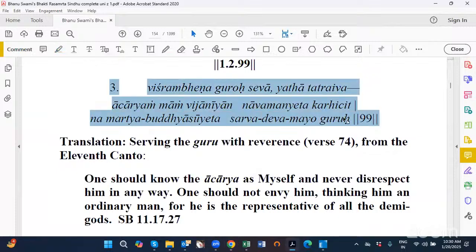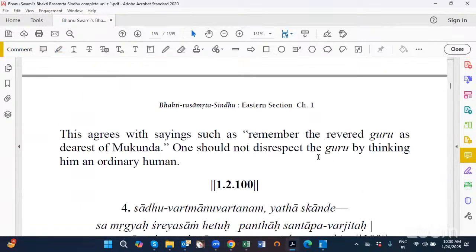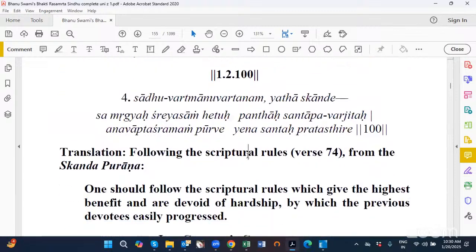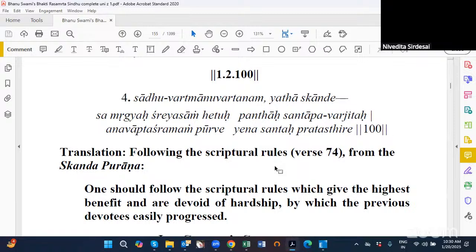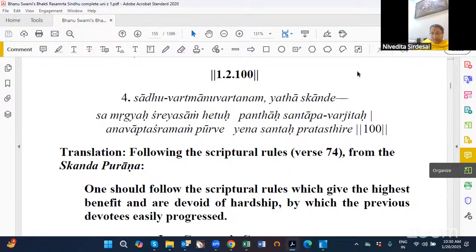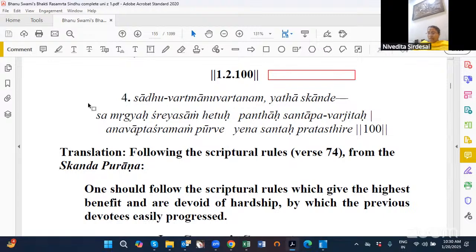Next is the 100th verse, so we'll do that in the next class. We'll complete here. From 100 onwards, we'll do in the next class, which will be a flow. It will be perfect. We can complete on Wednesday, the 13th. In the next class, we'll try to complete the 7th one, and then the remaining chapters are all very small.